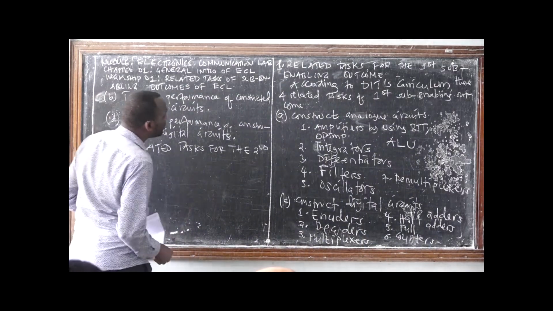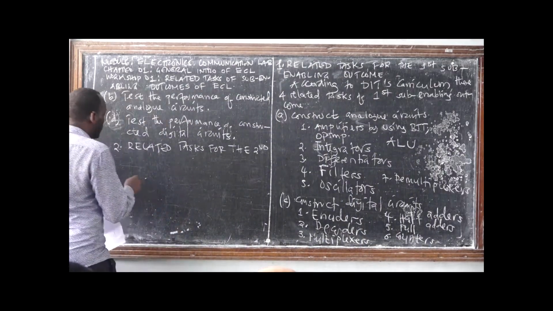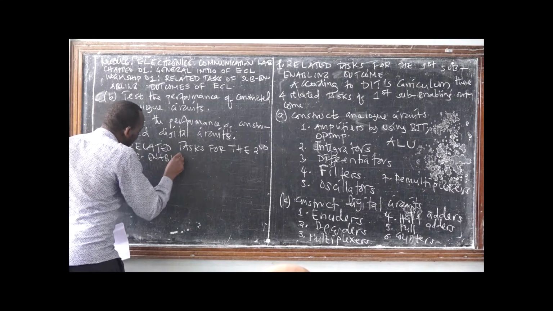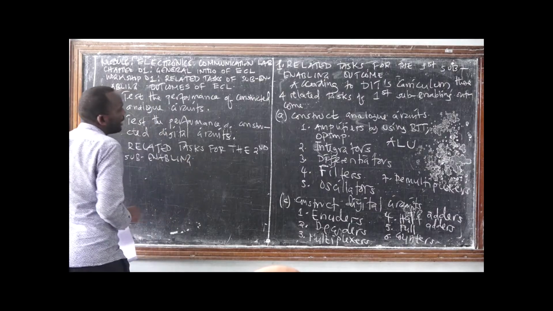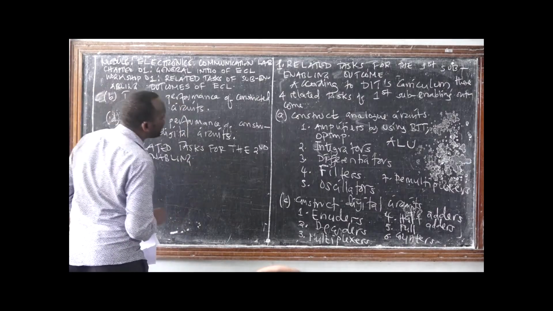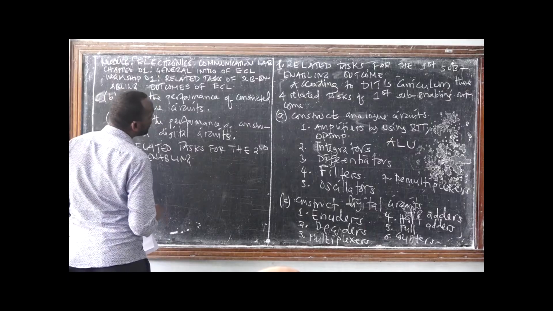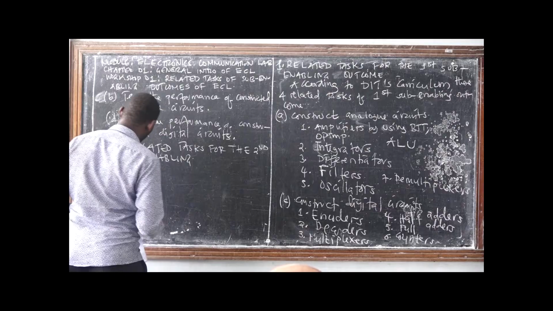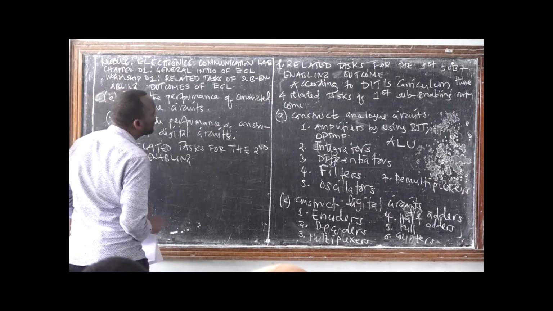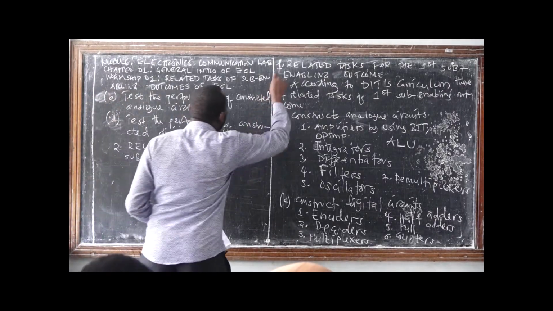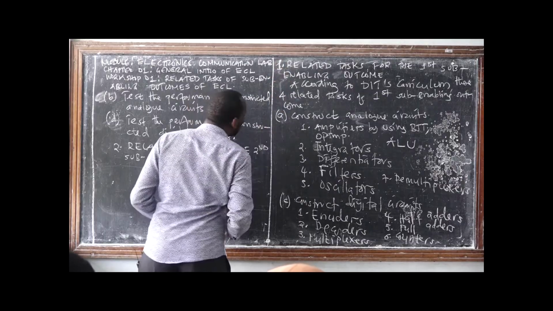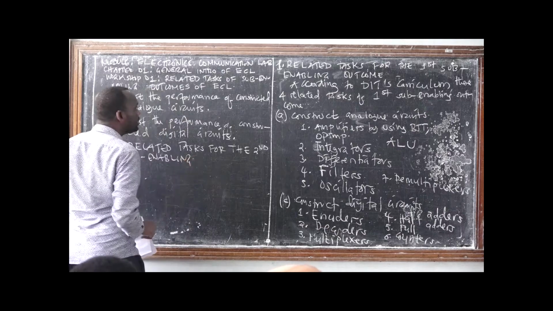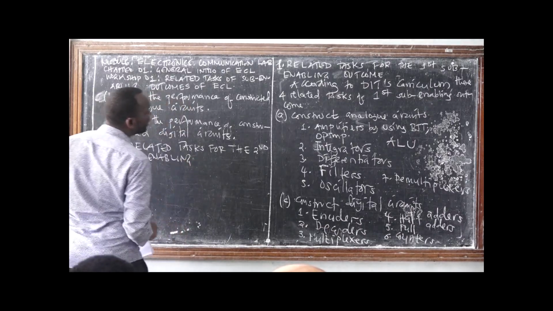So related tasks for the second sub-enabling outcome. So if you're enjoying related tasks of electronics communication laboratory, now I ask all the students to read for me the second sub-enabling outcome. Read it loudly, happily, just like how you supported Young Africans Sports Club when they beat Simba 2-1.